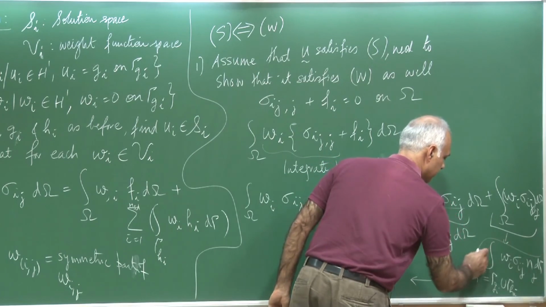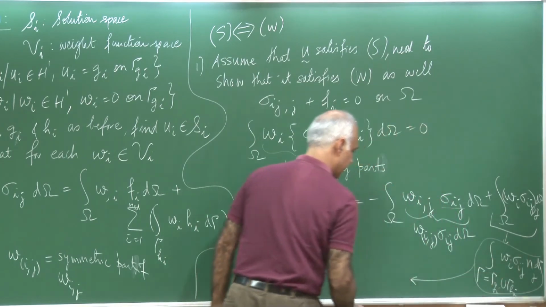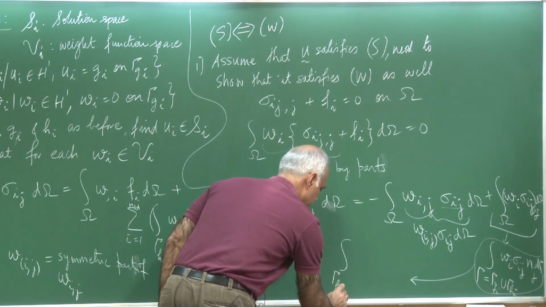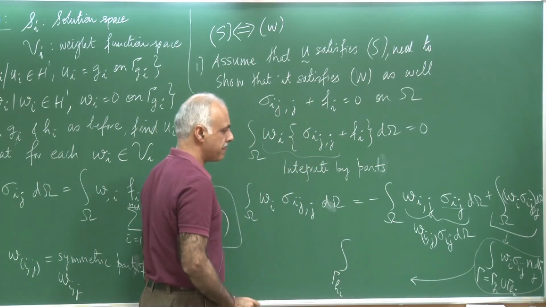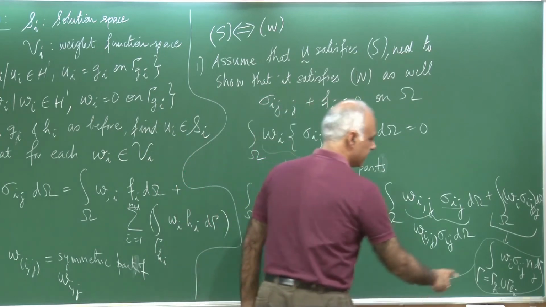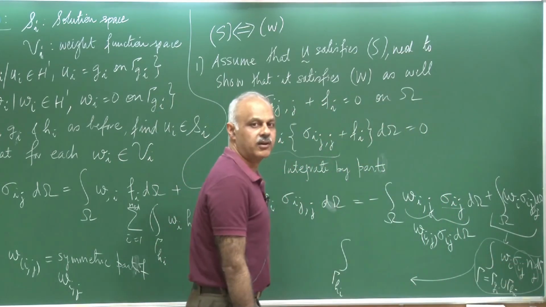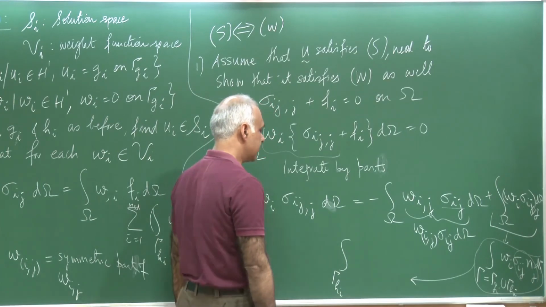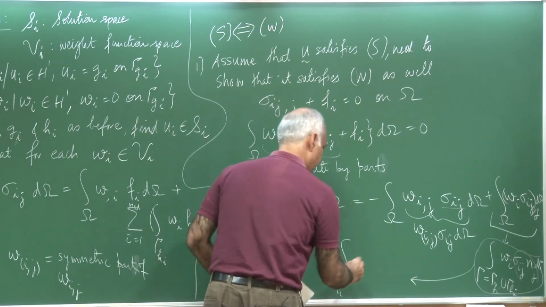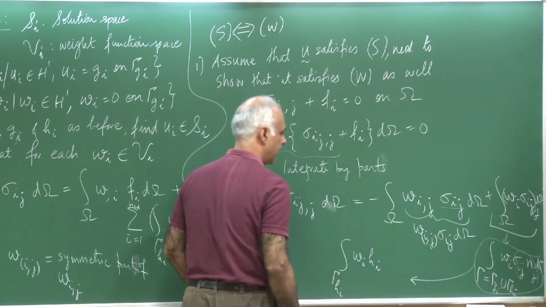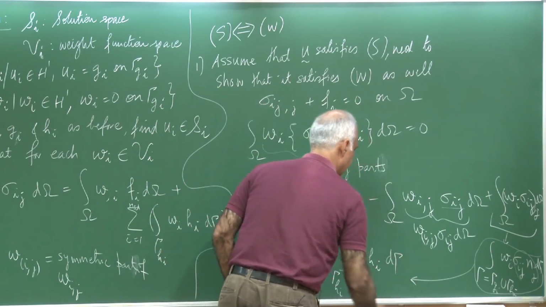This would become the integral over gamma h i, and then sigma ij n j, as you know, from the boundary condition, is simply h i. So I get a term W i h i d gamma.